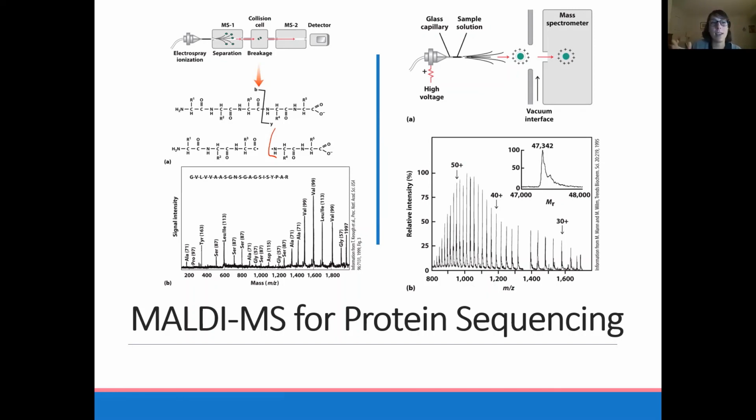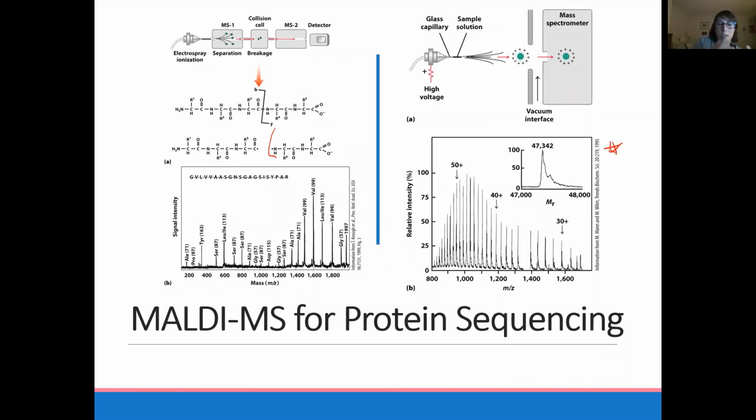Essentially, we can then use this one-by-one list of amino acids to put together the chain of our peptide. We can also measure the entire protein and understand its whole mass.